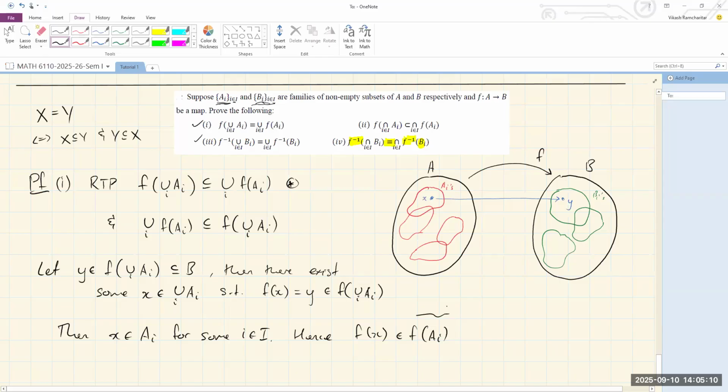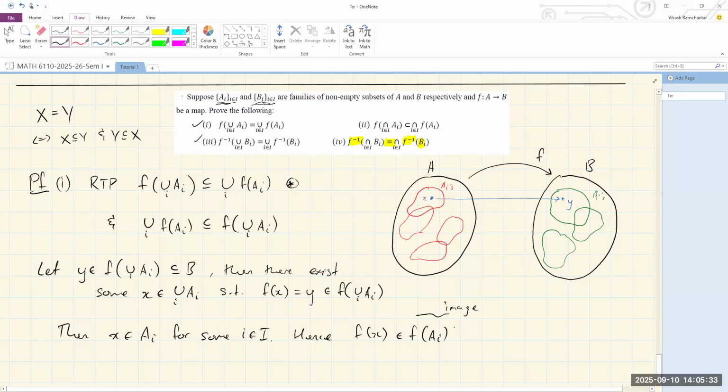Remember, this thing is what we call the image. The image is just you take all of the points in Ai and you throw them into the function f, and f of Ai is whatever comes out of that function. Hence, f of x must belong to f of Ai.